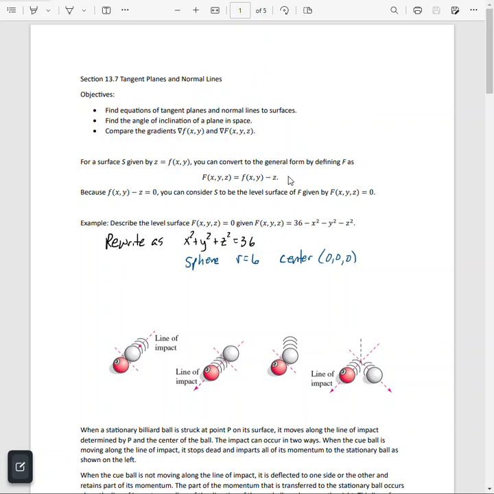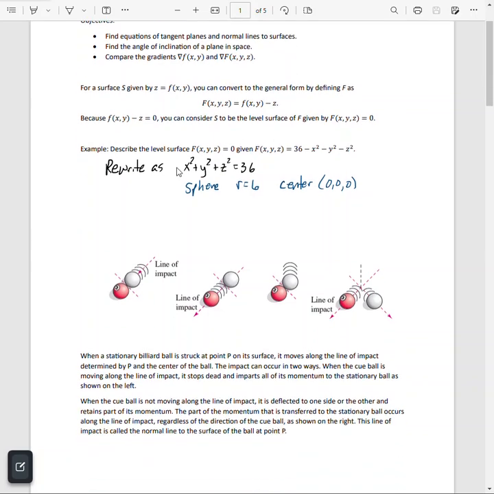Because little f of x, y minus z equals 0, we can consider S to be the level surface of capital F given by capital F of x, y, z equals 0, right? So all we're doing is setting the function equal to 0, and now it's a function of three variables rather than just two.